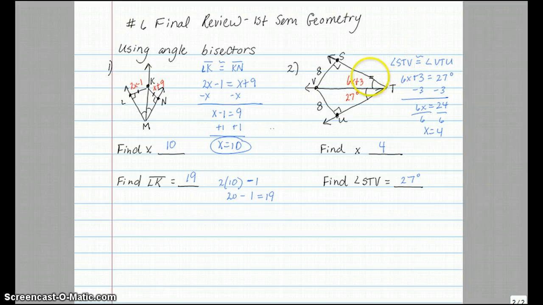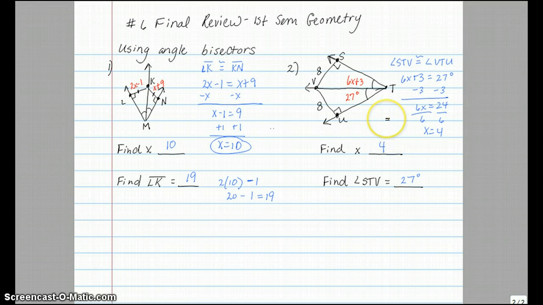So angle STV is congruent to angle VTU. So 6x plus 3 equals 27 degrees. Subtract 3 from both sides. 6x equals 24 degrees. Divide both sides by 6 using the division property of equality, so x equals 4.